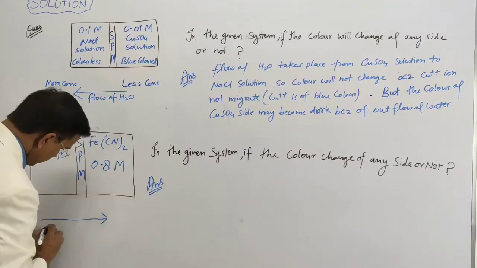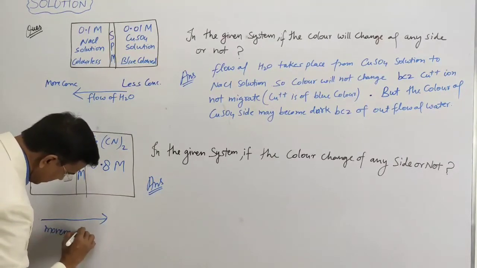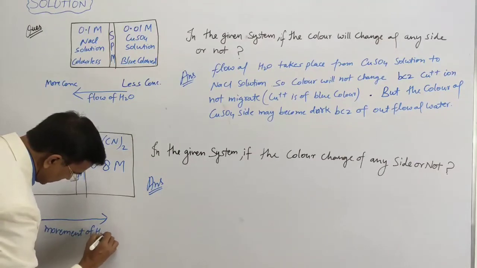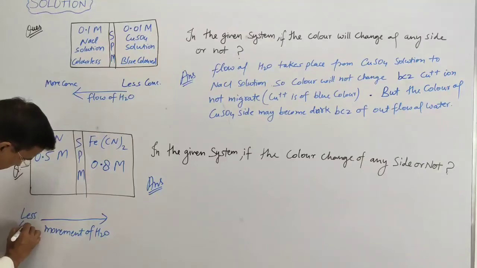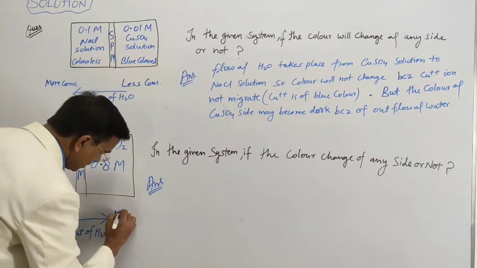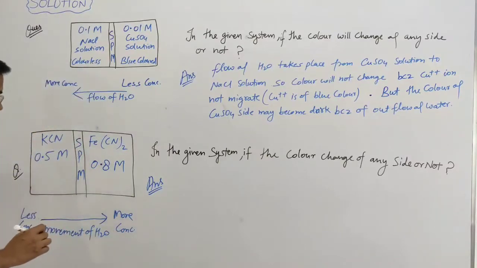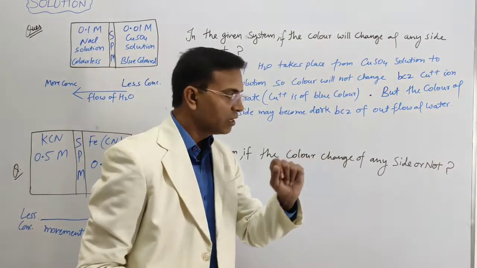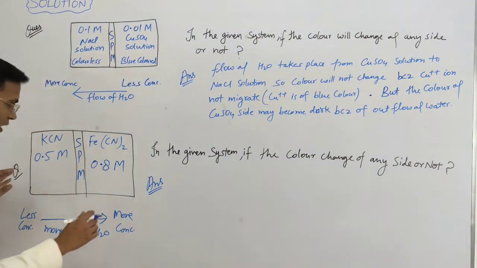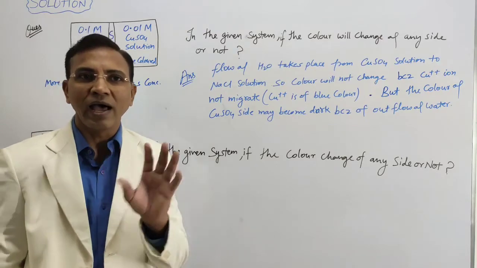This is the movement of H2O. Right? Now, will the color change on any side? No, the color will not change. Why? Because the movement of water takes place only, not of the ions.